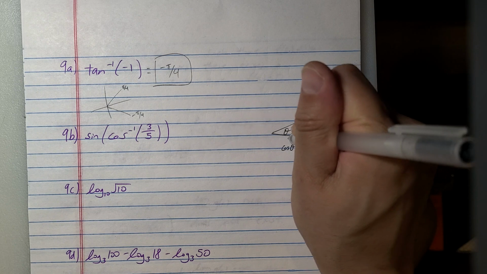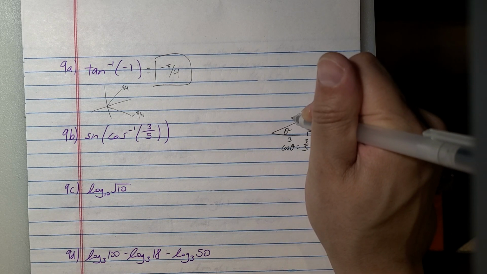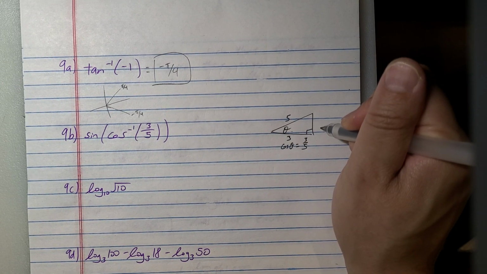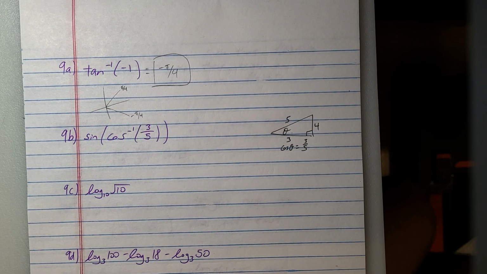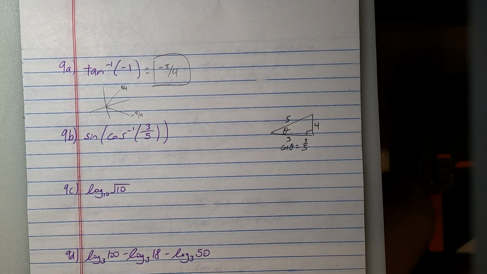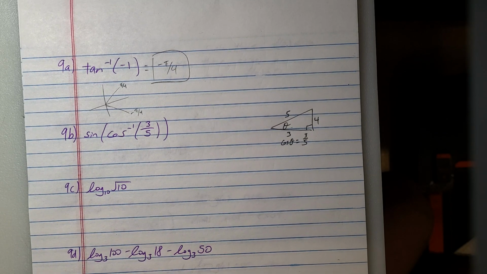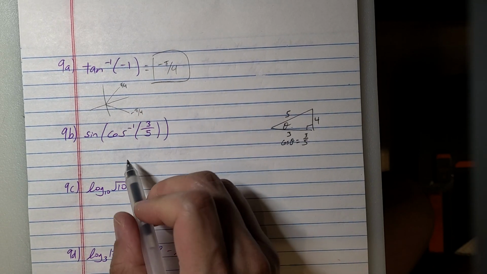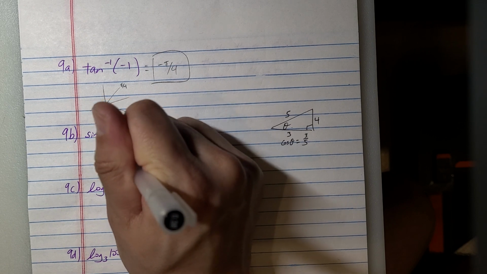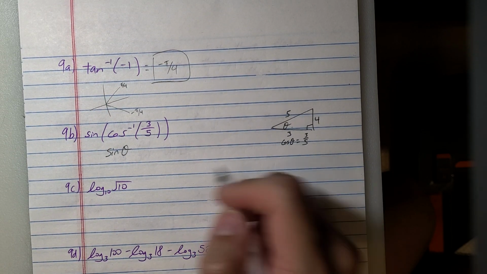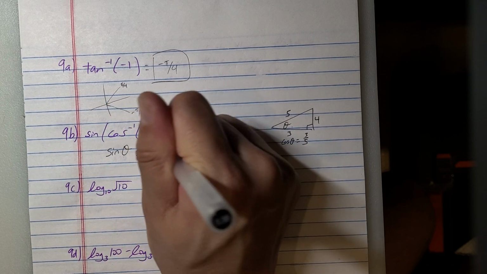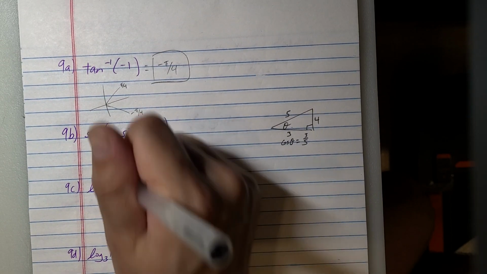So we can set up a triangle with 3 and 5. If you remember your special 3, 4, 5 triangles, this has to be a 4 over there, because the Pythagorean theorem will easily find that it's 4. So this is essentially finding the sine of that angle we just set up. What's the sine of that angle? It's just 4/5. That's your answer.